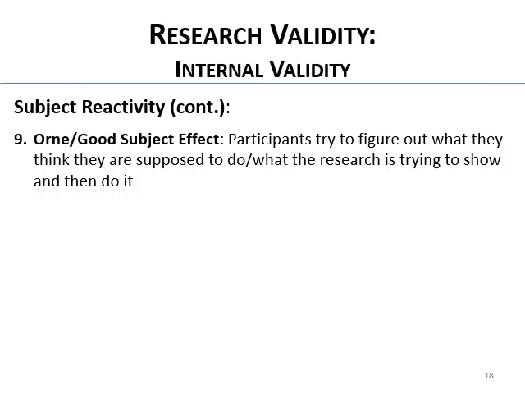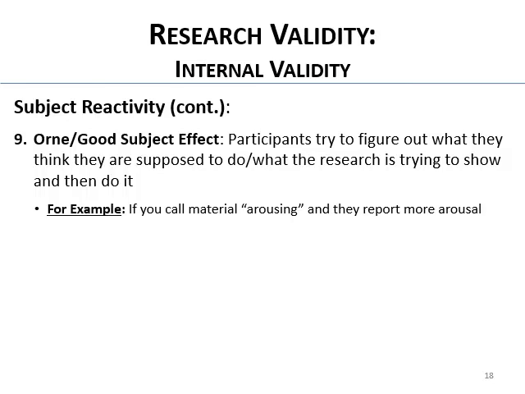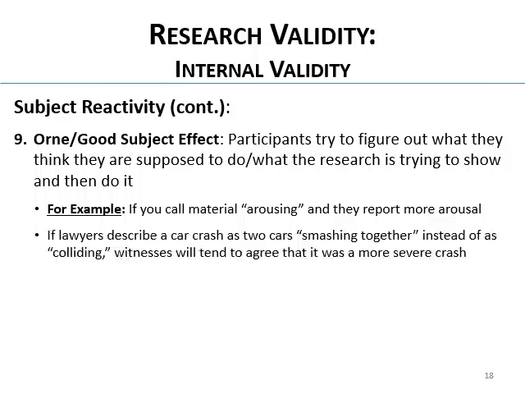So they're trying to be good subjects, and they figure out your hypothesis, or what they think your hypothesis is, and they respond in ways that are consistent with what they think you want them to say or do. So, for example, if you present material to them and you call it arousing, not so shockingly, you'll get some portion of people who will report more arousal regardless of whether the material actually is or not. They're trying to be good subjects and trying to help you with your research.